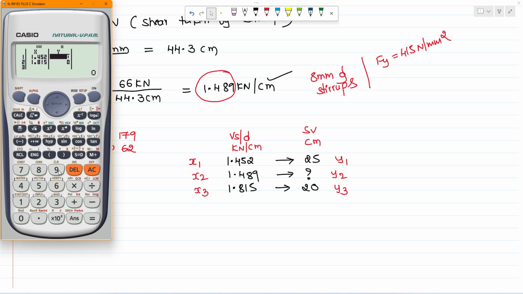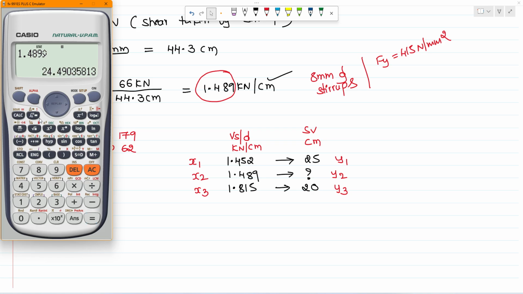For 1.452 it is 25, next for 1.815 it is 20. Then shift 1 regression 5.